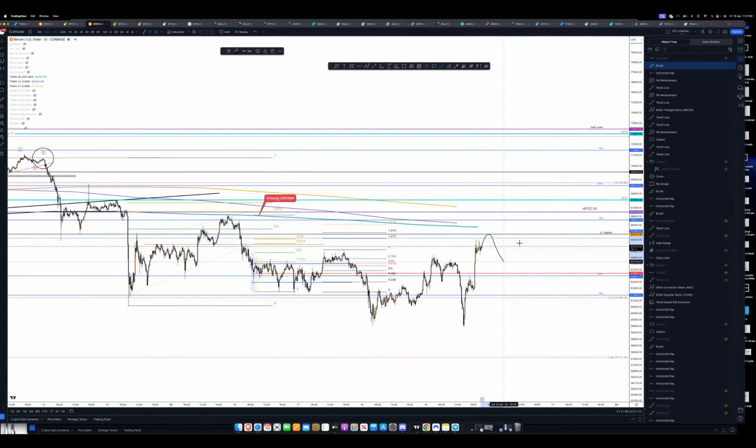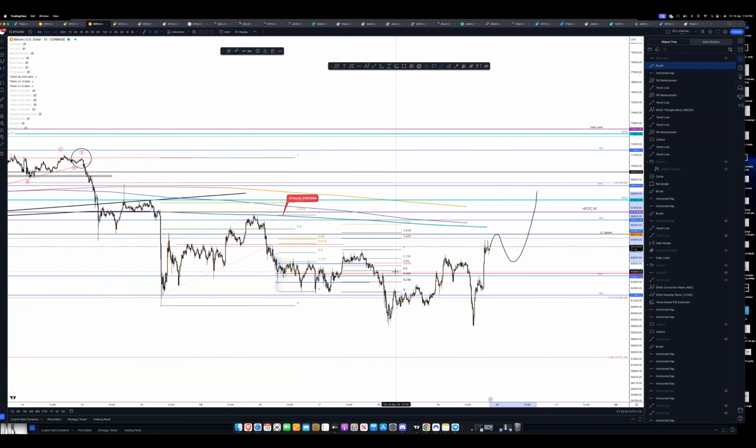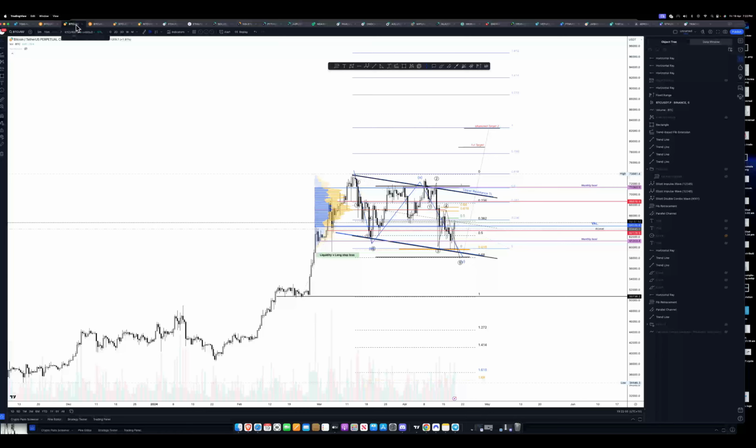However, I think it will do that. Is it a good entry at this point? No. You can see that level there acting as resistance based on our naked point of control from the biggest picture. To me, everything looks bullish, and that's my thoughts on this at the moment.